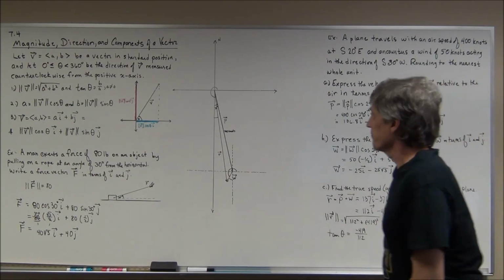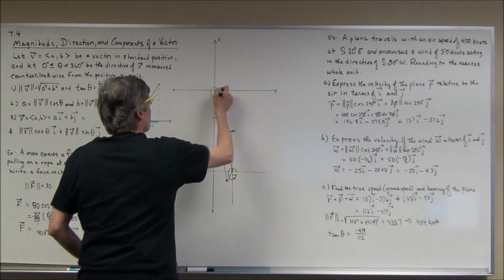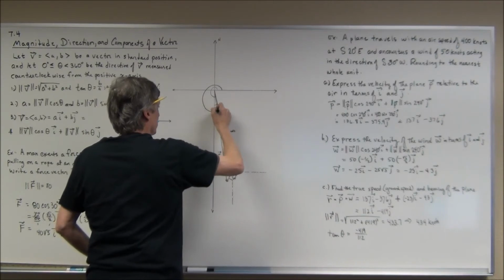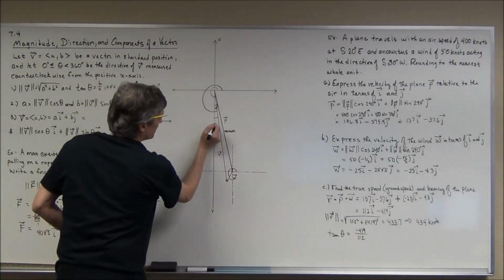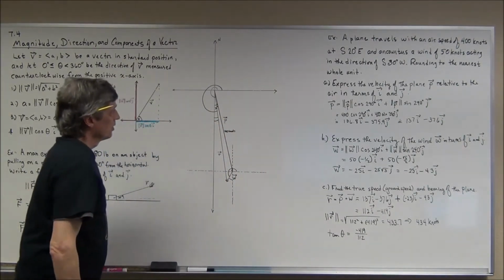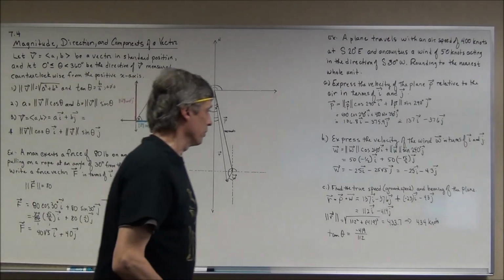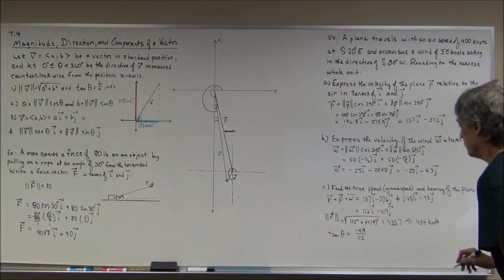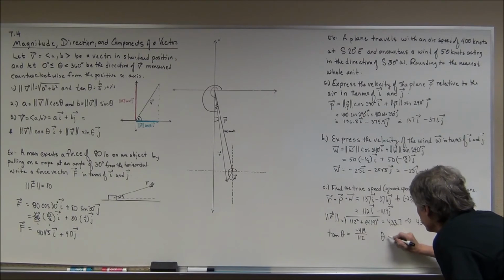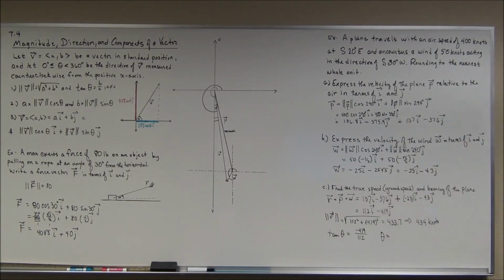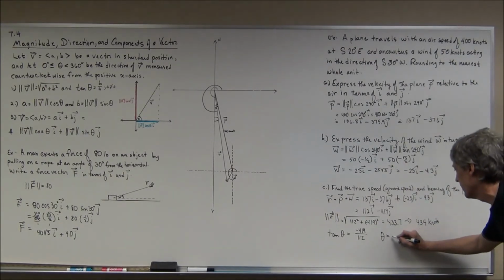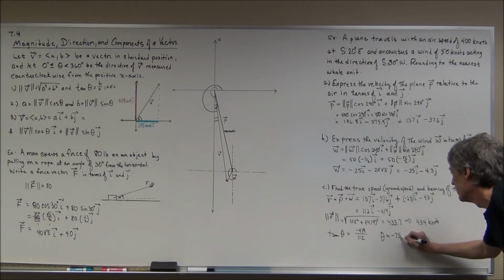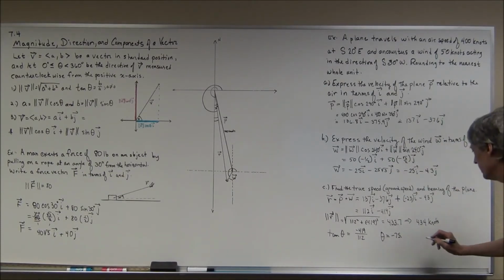Now remember, our angle is going to be like this, and we need this part right here for our measure. So what we're going to do here is take the inverse tan of this angle, and it turns out to be negative 75.03 degrees.